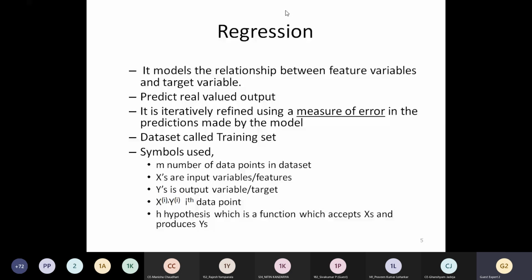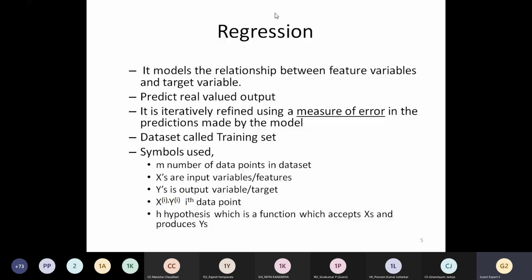Here in the regression model, in any machine learning algorithm, the data set is also called the training set. Now these are the various notations which we are going to use in our further discussion. m is the size of the data set, that is the total number of records in my data set. x is used to denote the features or the input variables. y is used for the output variable or target variable.